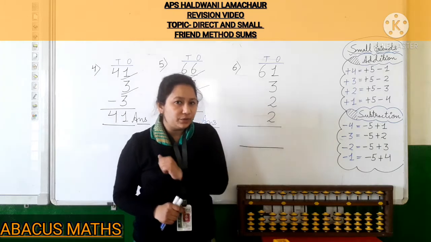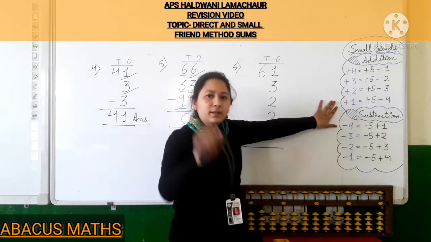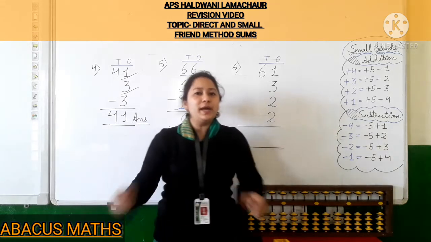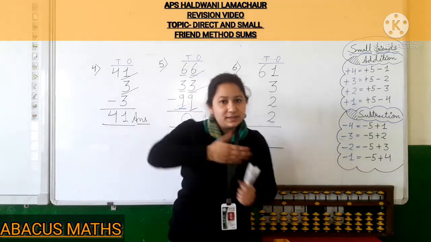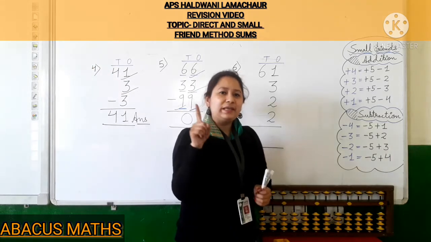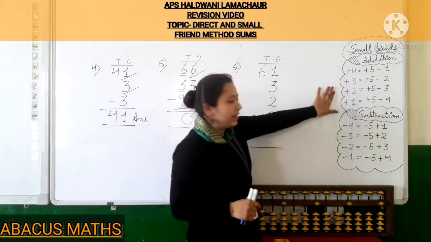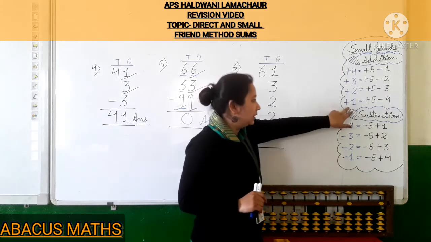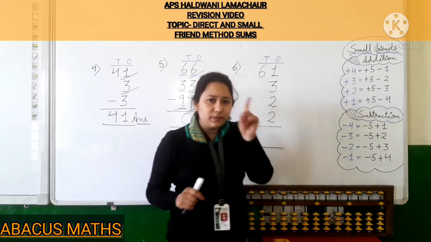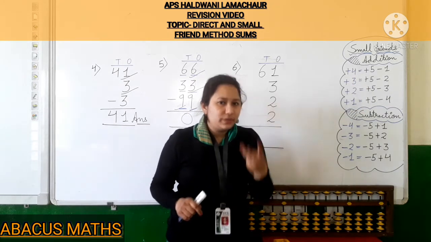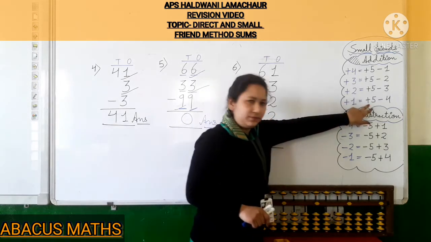I have told you that whenever you have to add any number, first of all you have to add 5. See, remember, you have to add 5, subtract the friend. I think all kids remember. Very nice. Now, whenever you have to add any number, and number means 1, 2, 3, 4, if you have to add 1 or 2 or 3 or 4, the first number which you will add is 5.